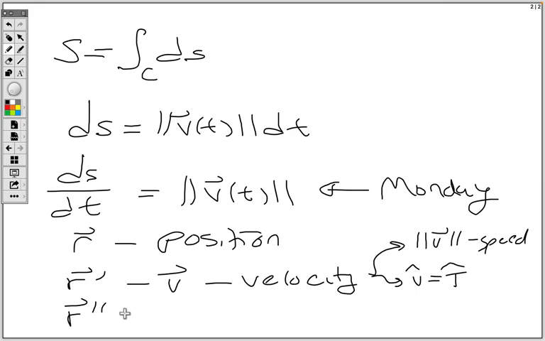Now if we take the second derivative of position, which is the first derivative of velocity, what's that called? Yeah, it's called our acceleration.